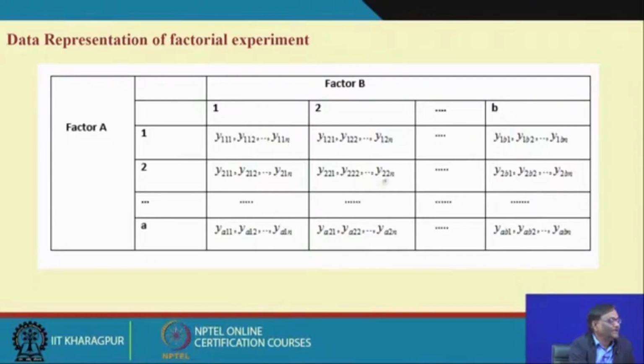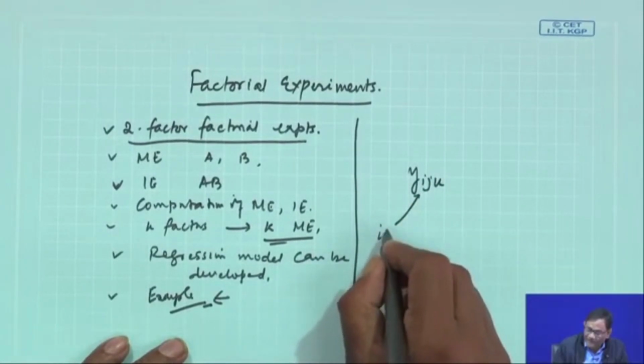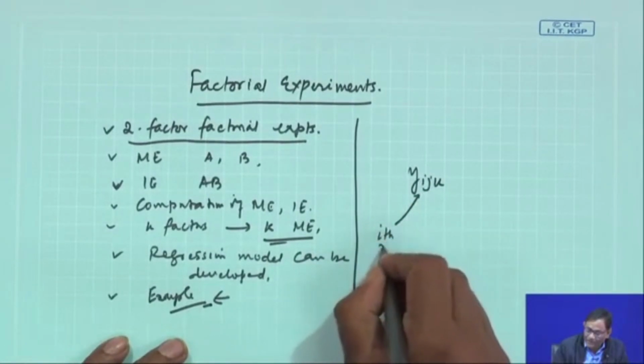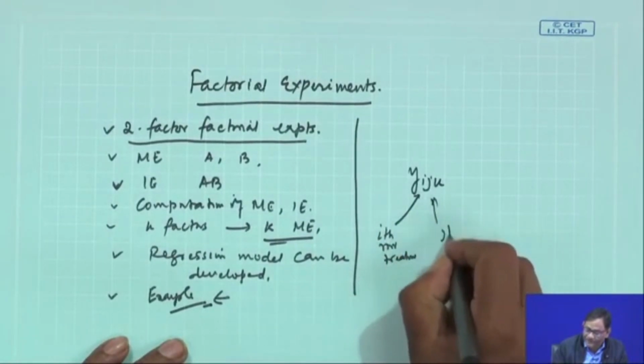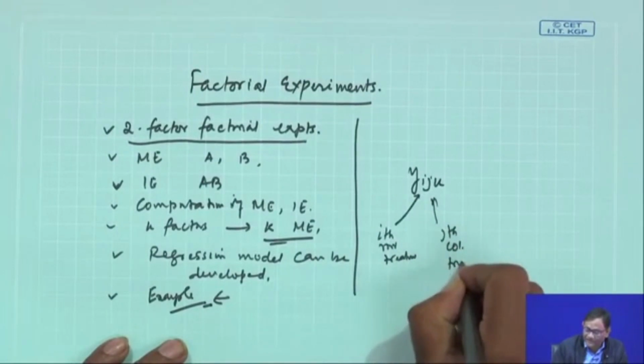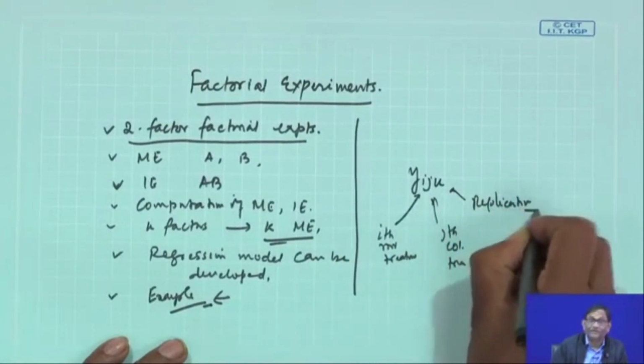In general, the observation is y_ijk, i for the ith row treatment, j for the jth column treatment, and k for replication.